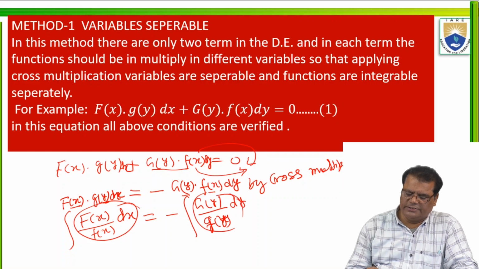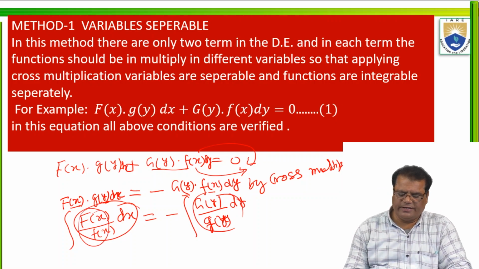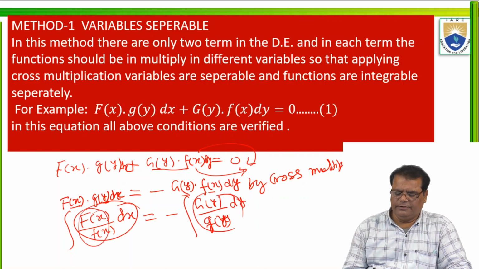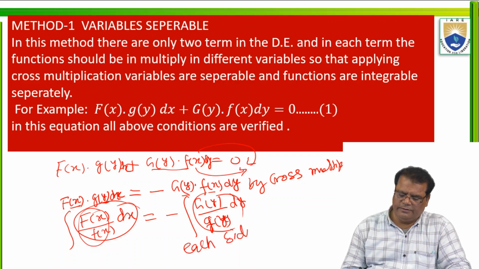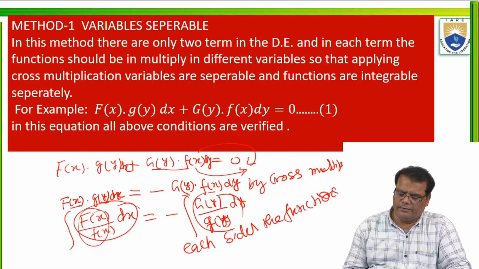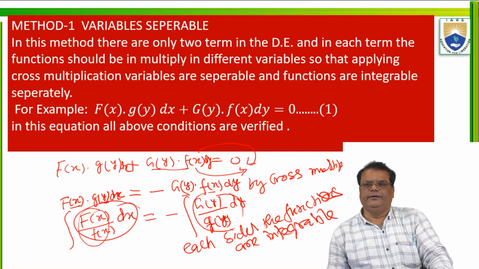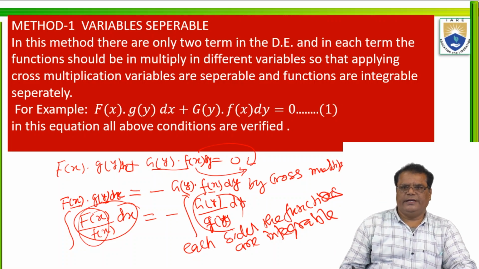So this is a total function of y, and this is a total function of x. So this is integrable. Each side, the functions are integrable.